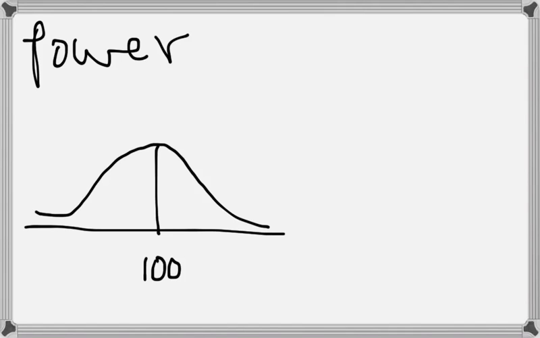Well, what I really want to know is, I have evidence that suggests that 120 really is my true mean. Power is the ability for you to detect that alternate mean.